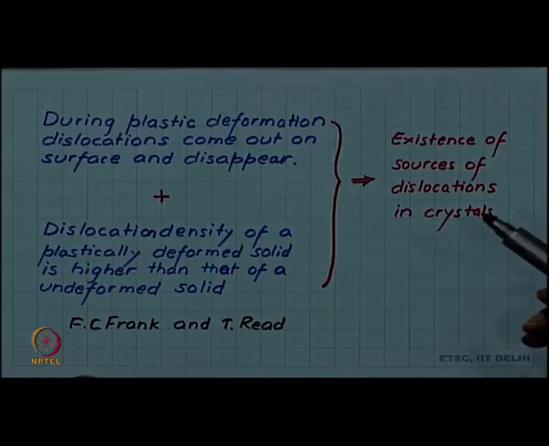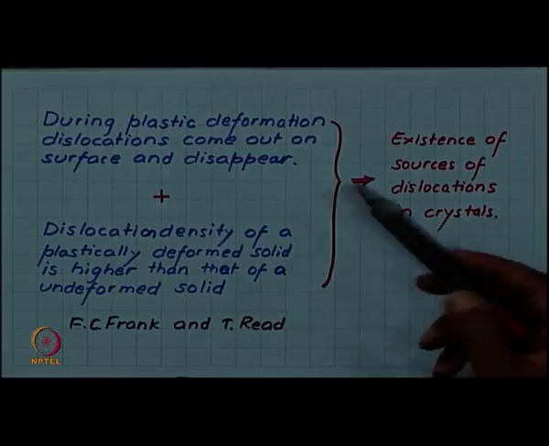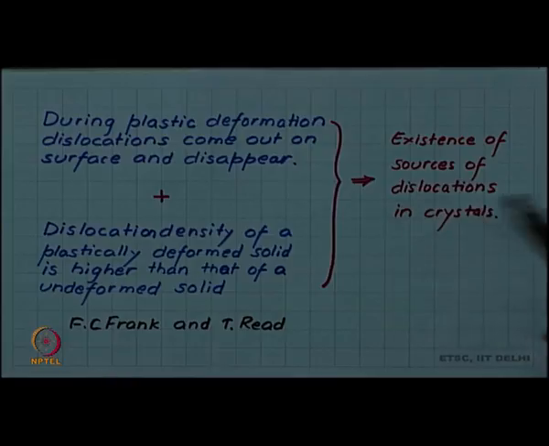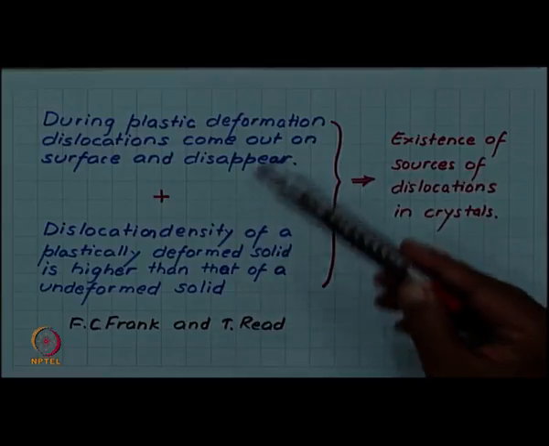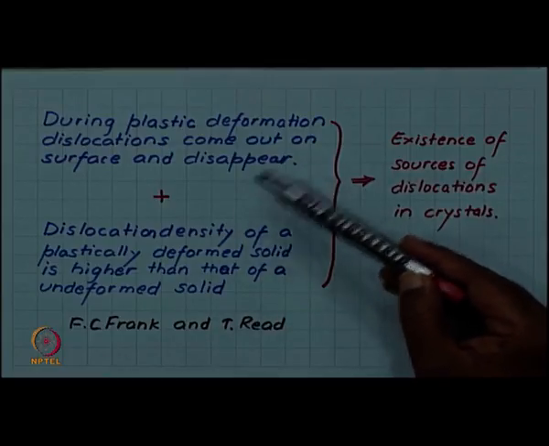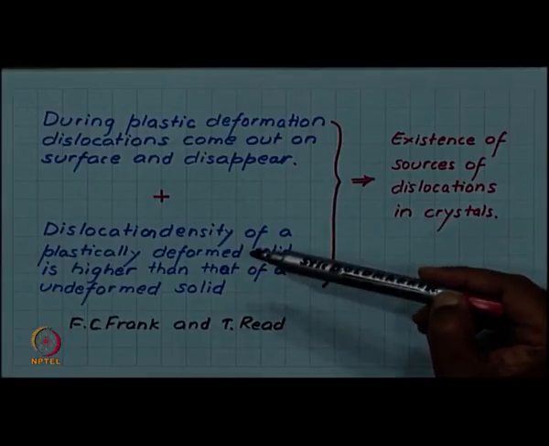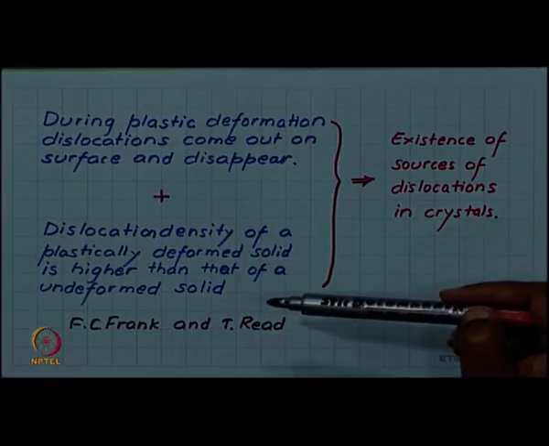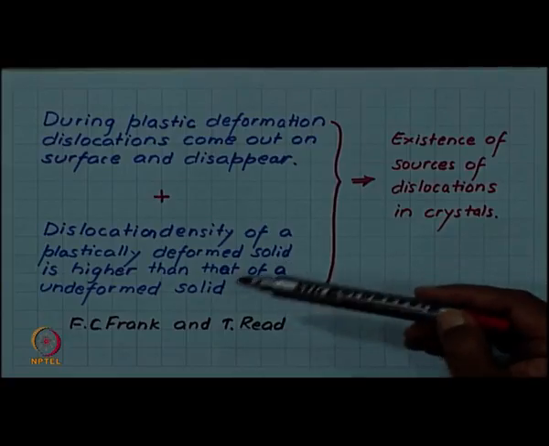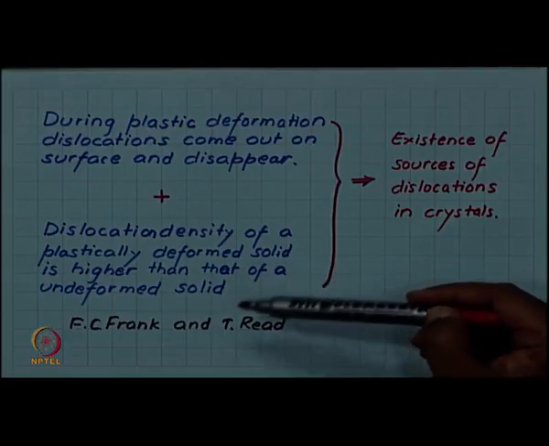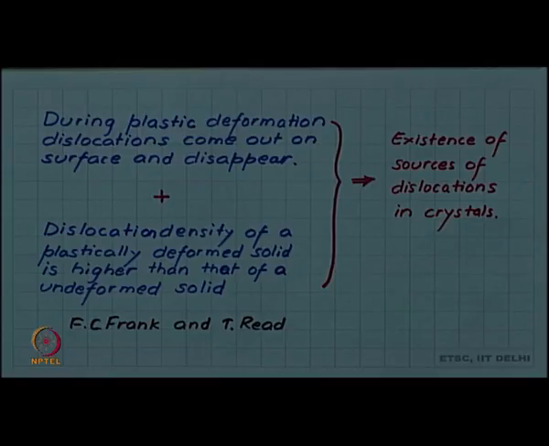Which means that there are sources which operate during the plastic deformation and generate more and more new dislocations. So much so that they not only counter any decrease due to dislocations coming out, but they actually make more dislocations, such that the final dislocation density is higher than the starting dislocation density.